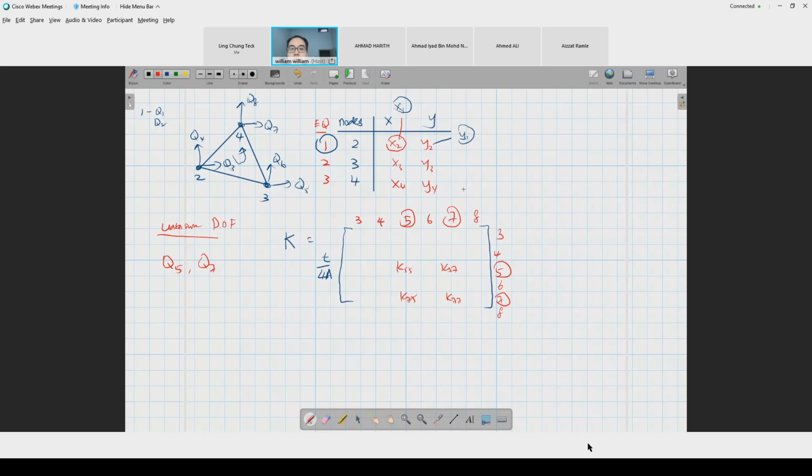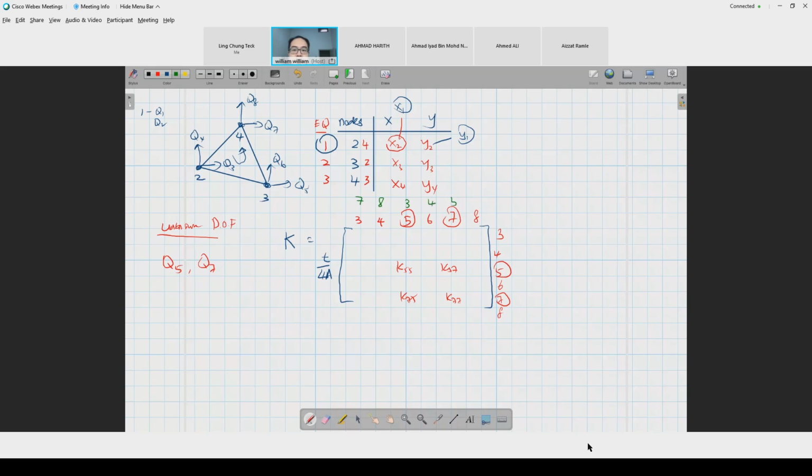On the other hand, let's say my sequence here is still counterclockwise, I go 4, 2, 3. If I do 4, 2, and 3, then my labeling here, the first node is 4, so 4 is going to be 7, 8. 2 is going to be 3, 4.